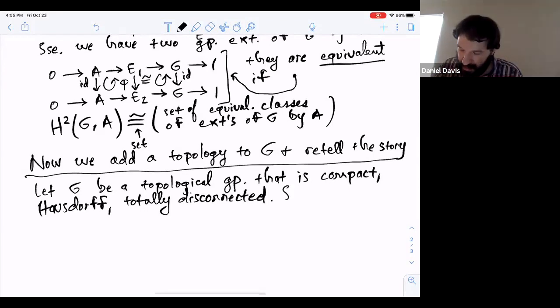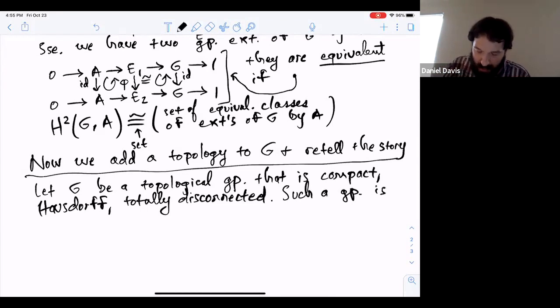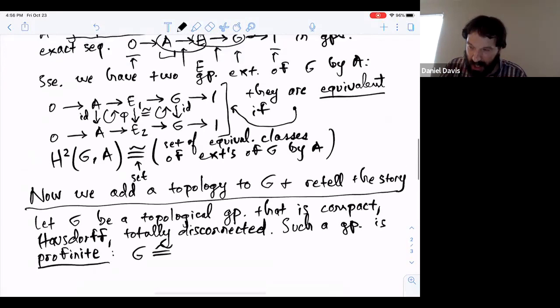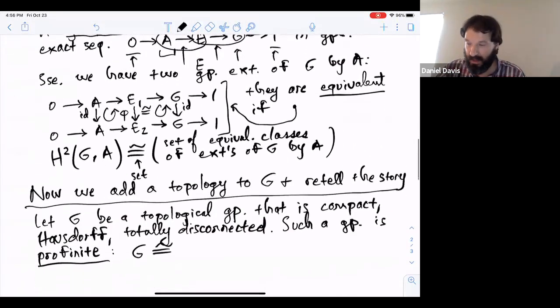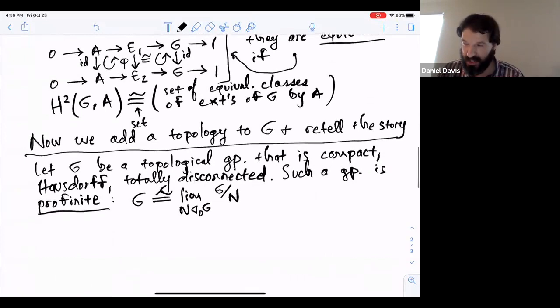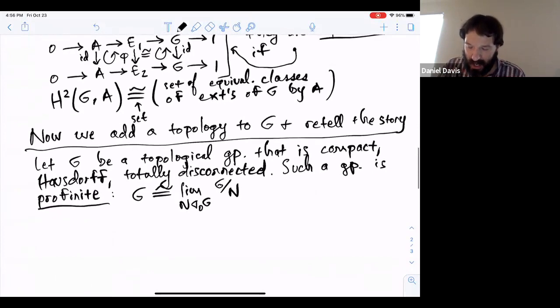Okay, such a group is what is called a profinite group. And this has the consequence that G is isomorphic to the inverse limit over all the open normal subgroups N of G of G mod N. Okay, so I should say a little bit about this.